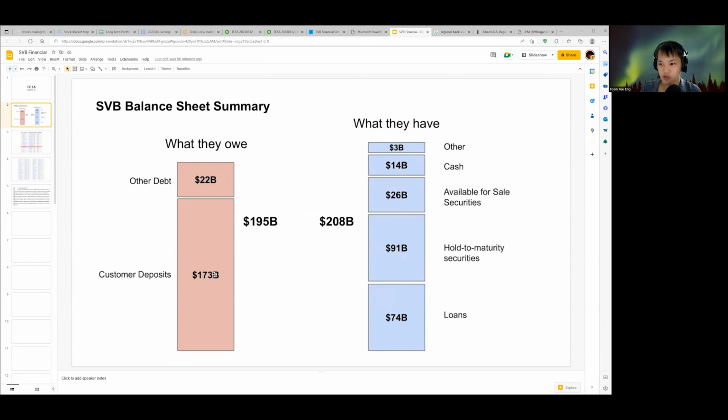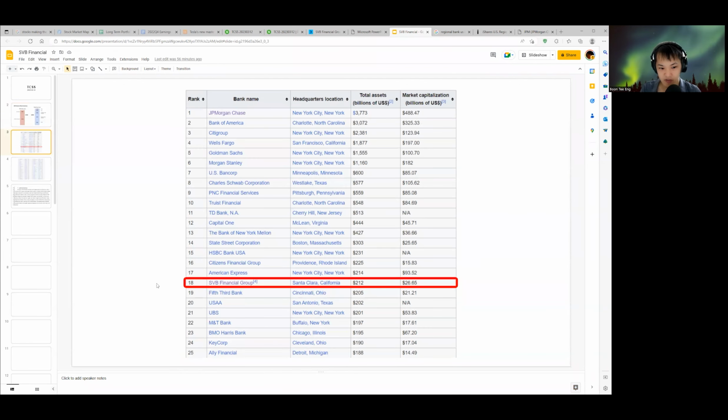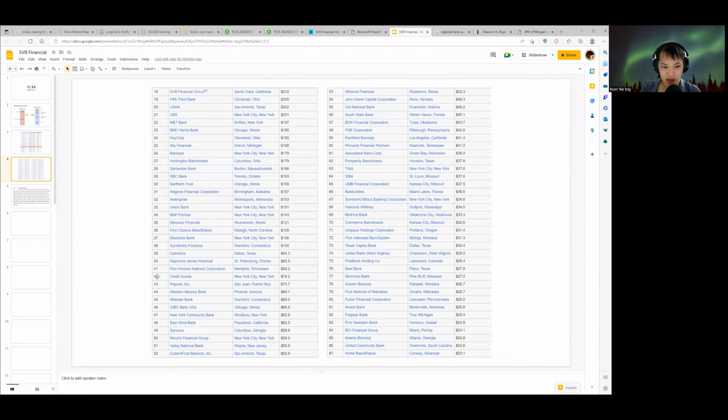So I think that's the situation they're facing, because if they don't cover these 173 billions of deposits, what happens is this. Silicon Valley Bank is a top 20 bank. Below it, there are hundreds of banks, small in size, like in total assets from 200 billions to tens of billions. So what happens to all these smaller banks?